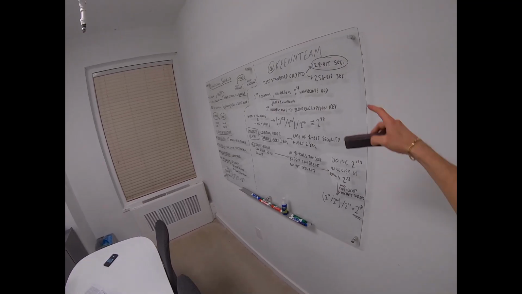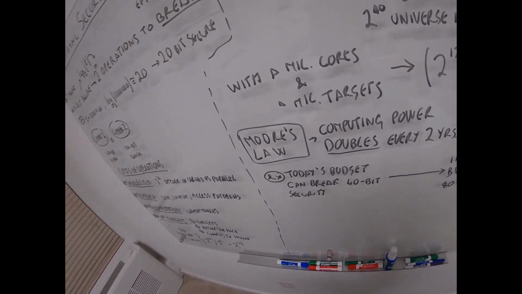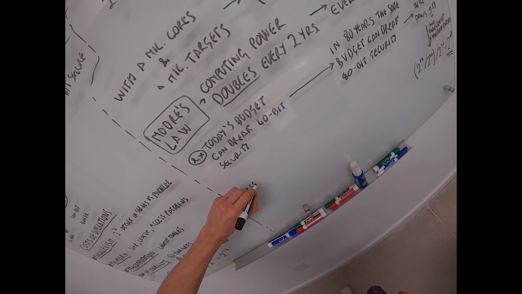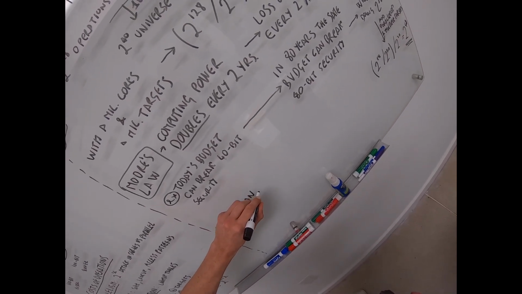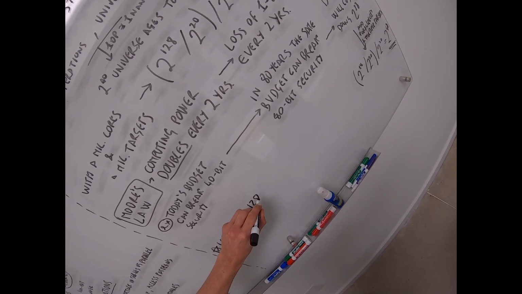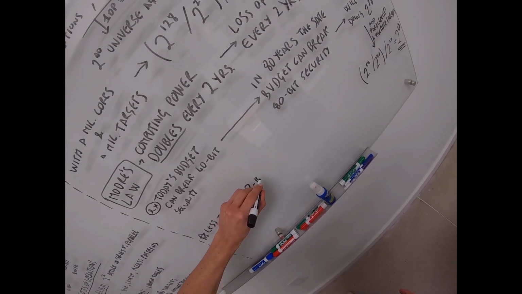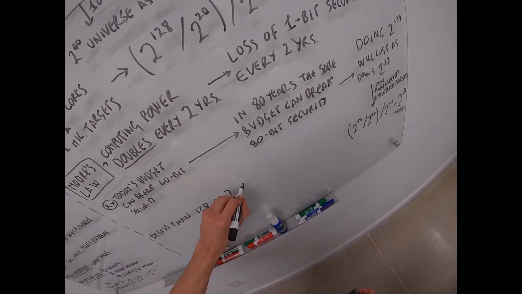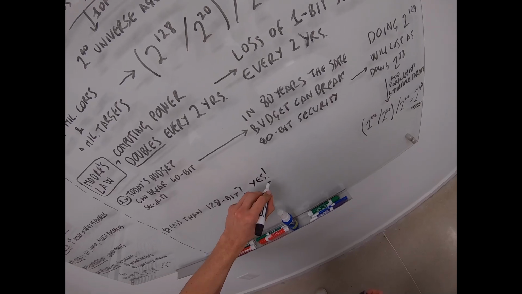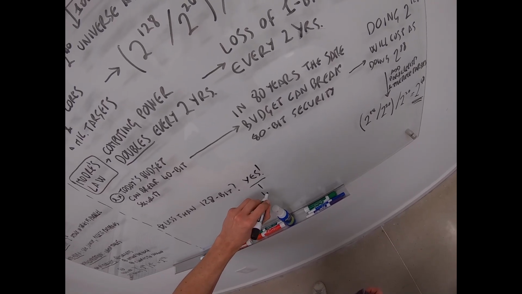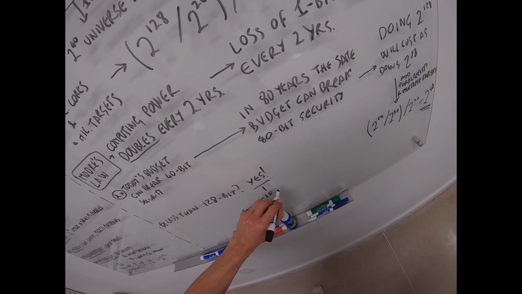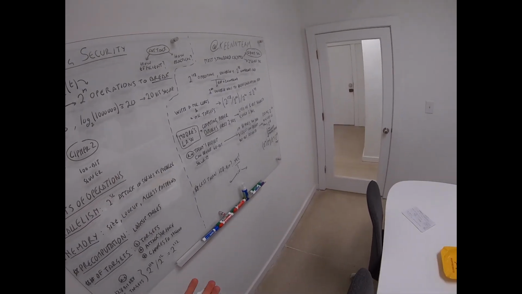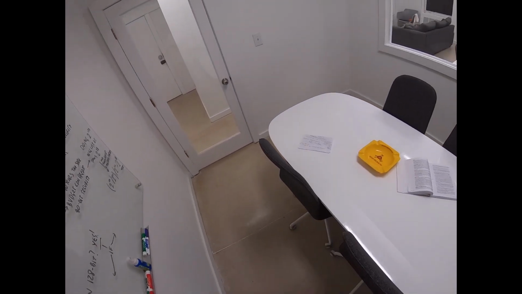Now you might think, when is it acceptable to use less than 128-bit? Less than 128 bit? Yes. So when is it fine to have less than 128-bit security?